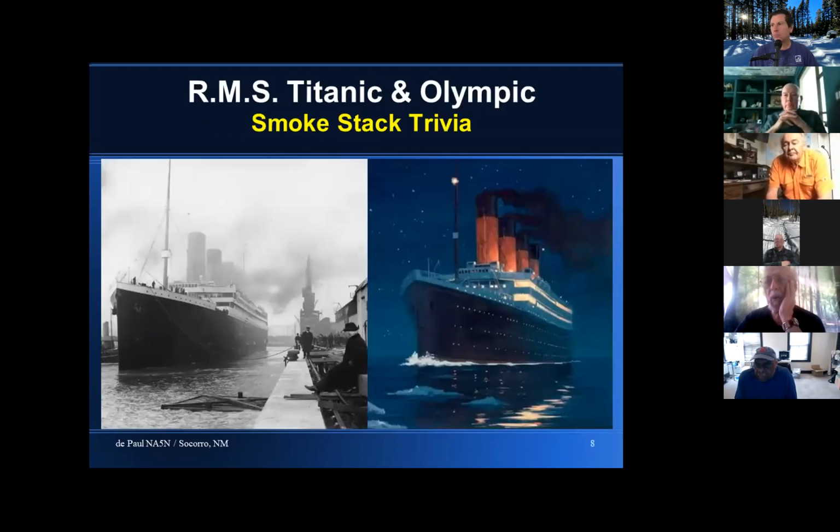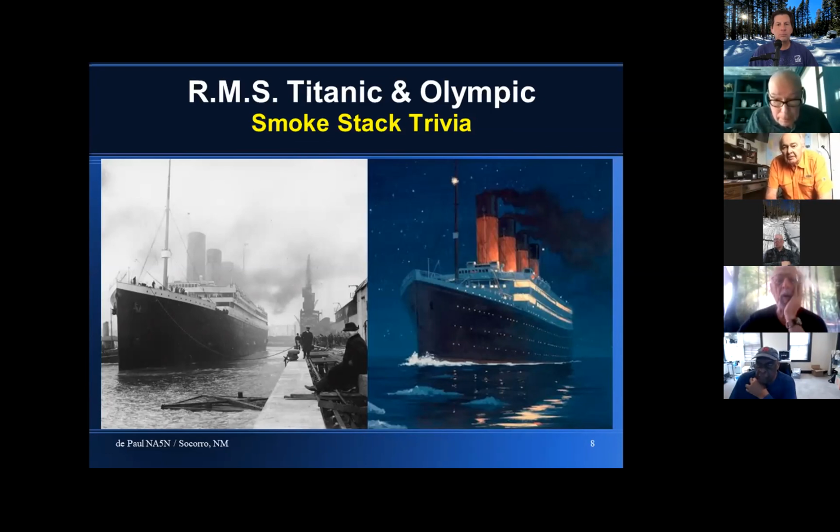Okay, more trivia. The Titanic is always depicted with 4 smokestacks and with them belching forth. The picture on the left is actually the Olympic, which was a sister ship of the Titanic that was launched 6 months earlier. This is a picture of it shortly after it was launched, with, as you can see, all 4 stacks going, and then the artist depiction of the Titanic on the right with all 4 stacks going.